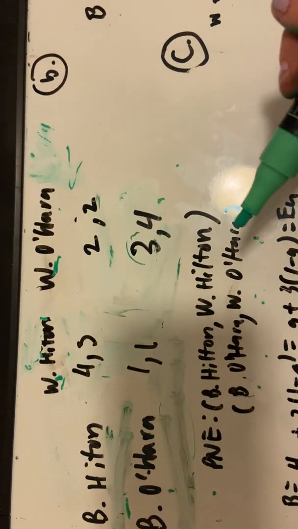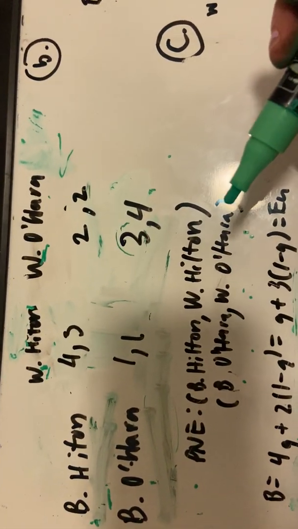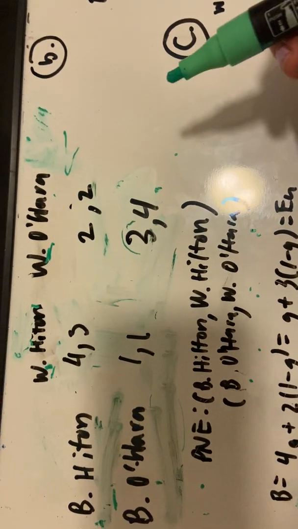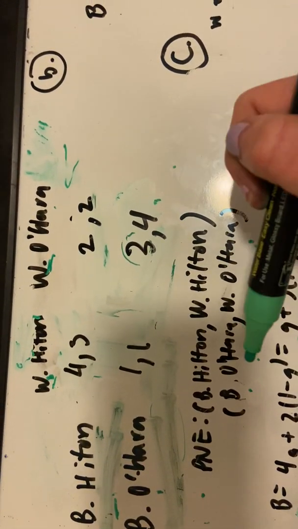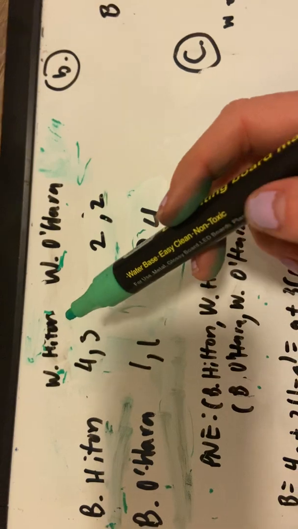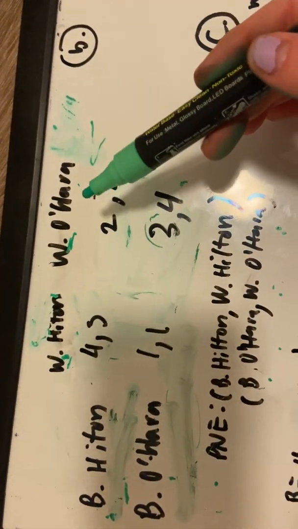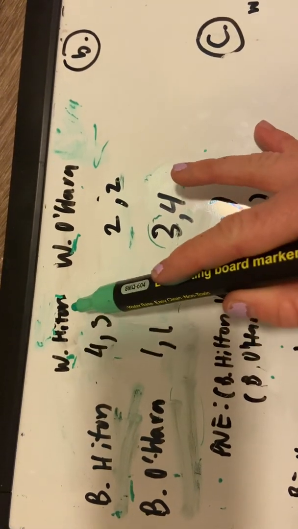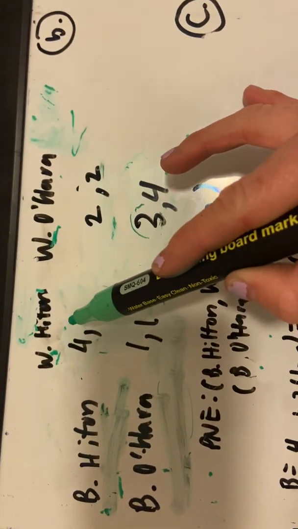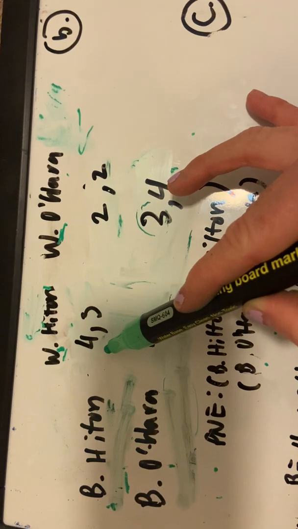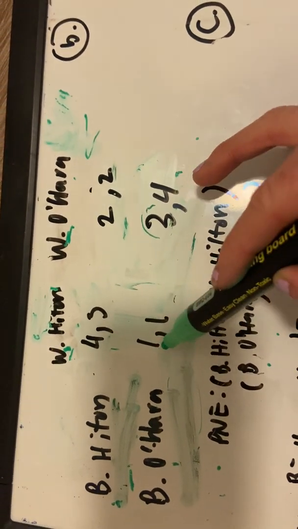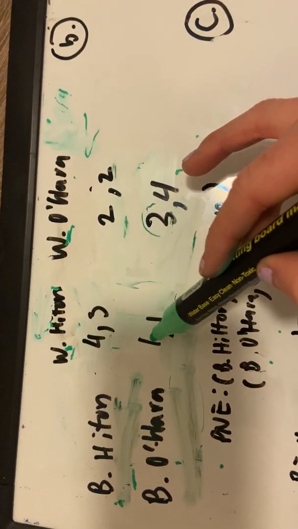In order to find the pure Nash equilibrium, you have to compare the choices for one state when the other state has already made a decision. So, for example, when winery is Hilton, then you'll look to see if brewery chooses Hilton or if brewery chooses O'Hara, which of the two has a higher payoff.